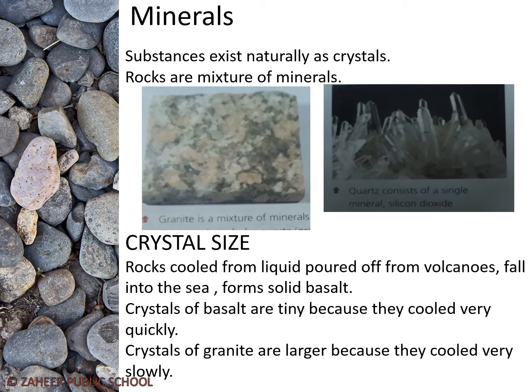These crystals are small because the liquid rock cooled and solidified in a very short period of time, in just a few weeks, whereas granite forms when the liquid rock cools under the ground, and the cooling takes a long time, so the particles have time to arrange themselves and the crystals are large in size.